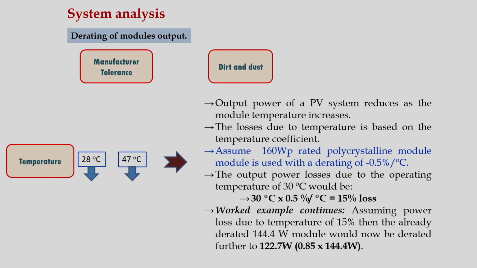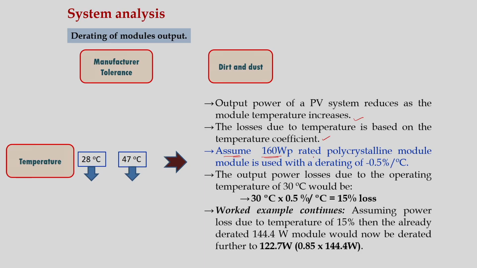Now, consider the case for temperature. As you understand, the output power of a PV system reduces as the module temperature increases. The losses due to temperature are based on the temperature coefficient. The behavior of these losses will be different for different cell material. Assuming 160 watt peak rated polycrystalline modules with derating of 0.5% per degree increase in temperature, we need to know some information.